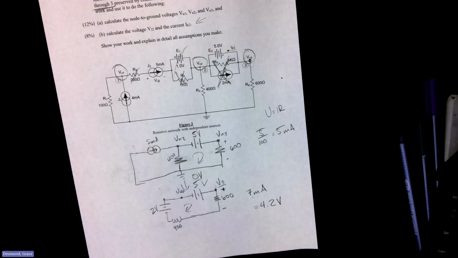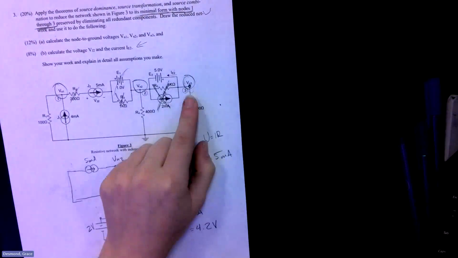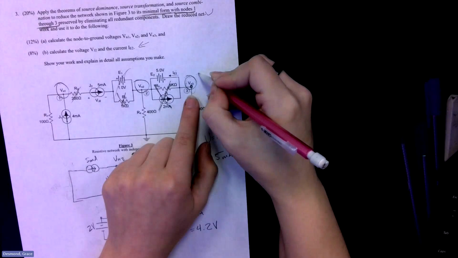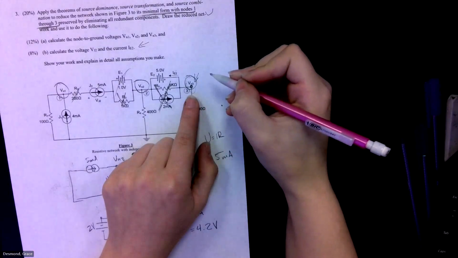So, I remember earlier you said we can't figure things out when they're transformed, but what was that again exactly? Okay, we can find the node voltages when they're transformed because we're not canceling anything out with this, right?